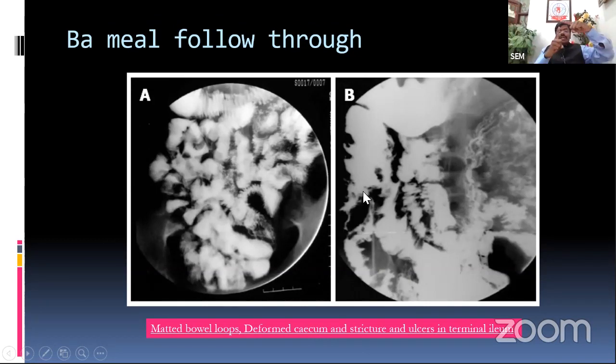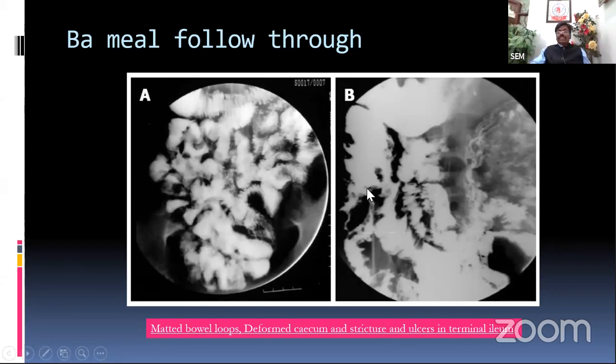So normally, imagine this is the terminal ileum and this is the cecum. Now the terminal ileum is going up, so the angle between the terminal ileum and cecum is becoming obtuse. Imagine my hand: this is the terminal ileum and this is the cecum.